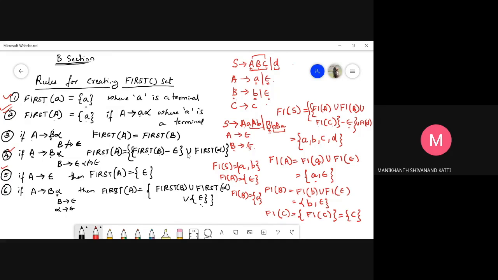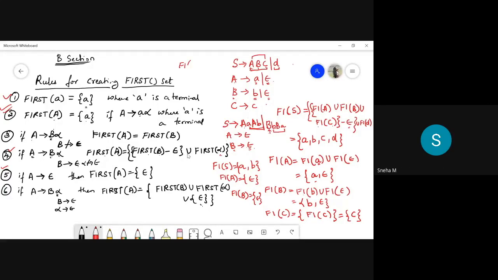So you put the fourth rule, I guess, right? Okay, so it should be first of A minus epsilon union first of alpha. So epsilon minus first of alpha, epsilon. What is there? Yeah, I didn't get how to do that.